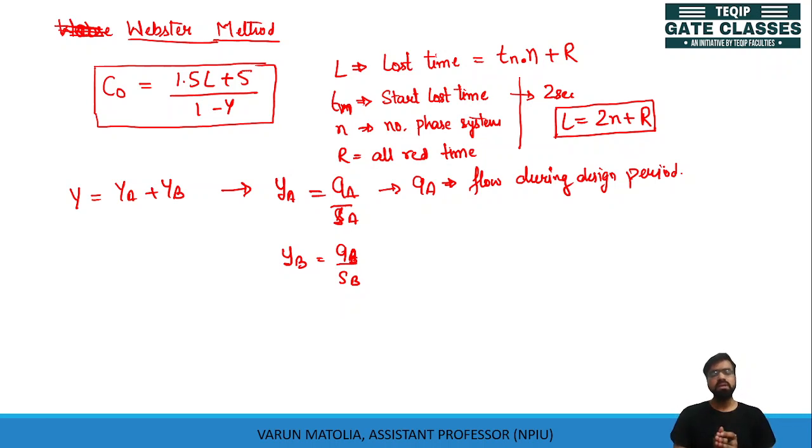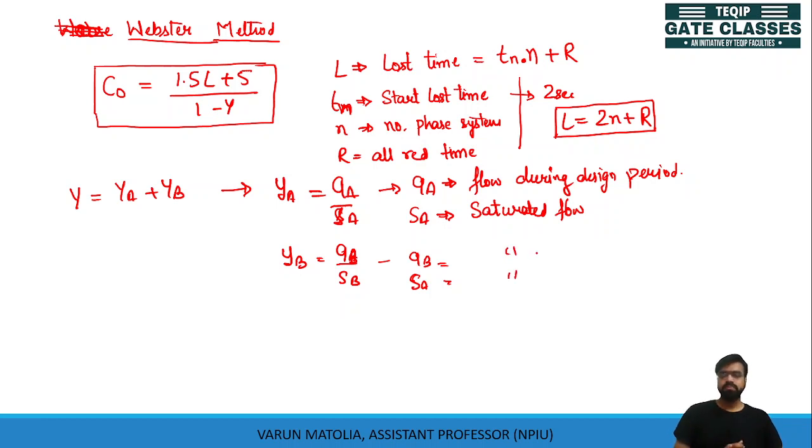The flow of vehicles through the section from direction A is qa. What is sa? This is the saturated flow, the maximum possible flow from this direction. Similarly, qb and sb are the same for the other direction. ya and yb are the proportions of traffic flow in that duration.